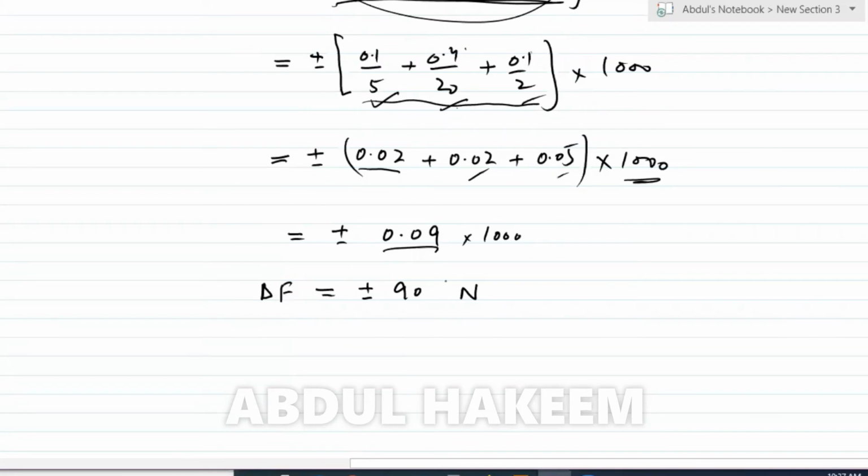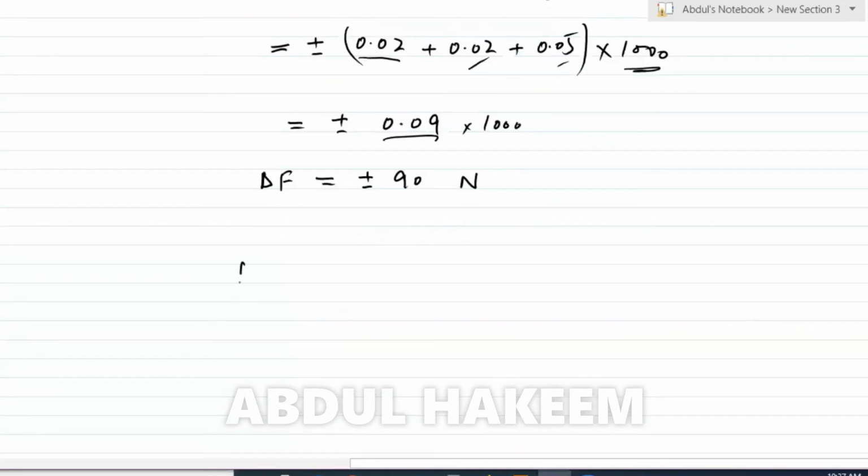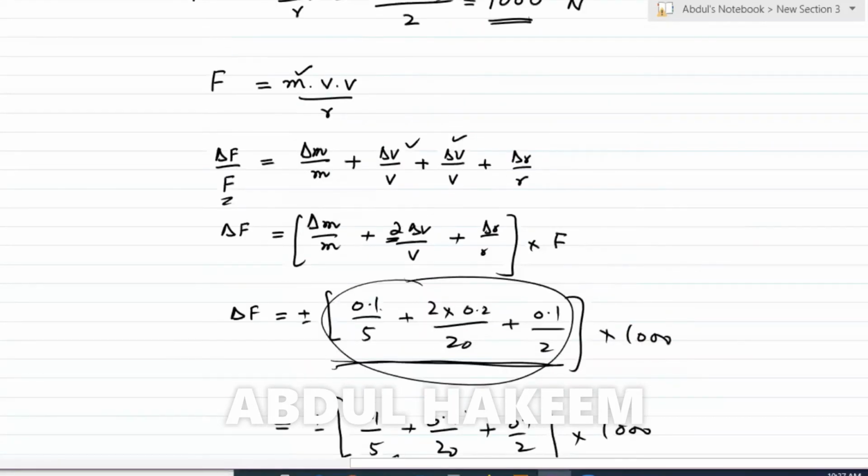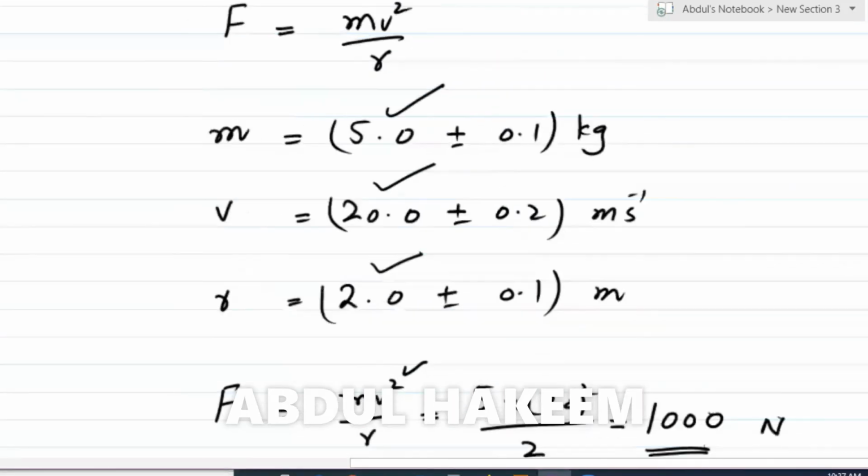Now we have to write the final answer with uncertainty. So F is equal to 1000 is the reading, plus minus 90 is the error. But we have to justify the significant figures. We will look at the readings.